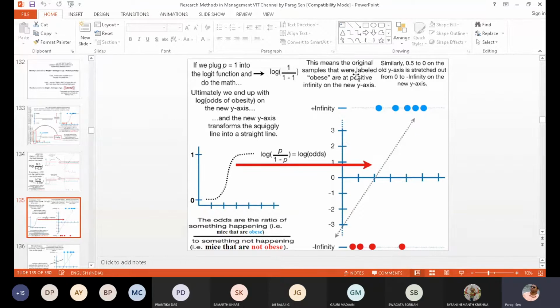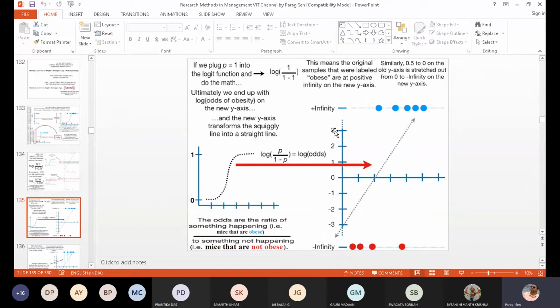This means the original samples that were labeled obese are at positive infinity on the new y-axis. So you will get the value of positive infinity. And similarly, the samples at 0 on the old y-axis are traced out to negative infinity on the new y-axis. So ultimately, we end up with the log odds of obesity on the new y-axis.